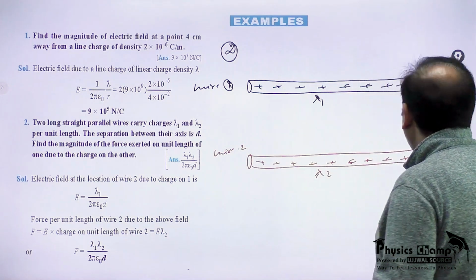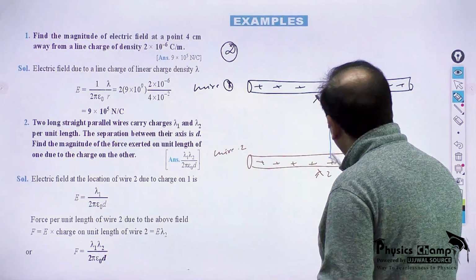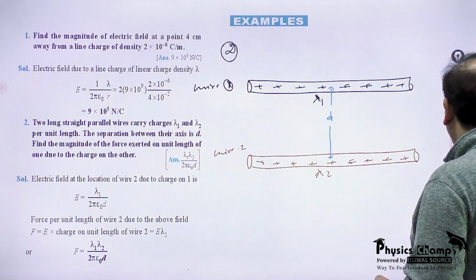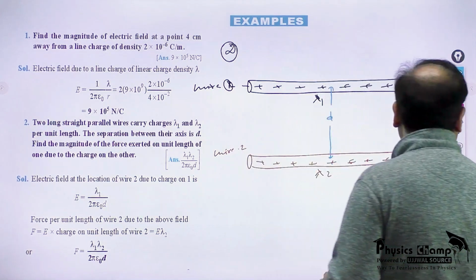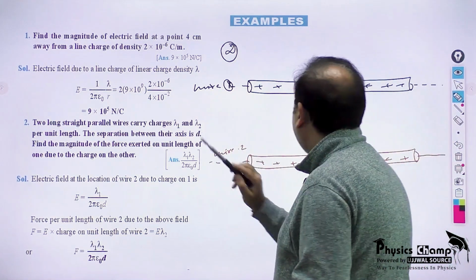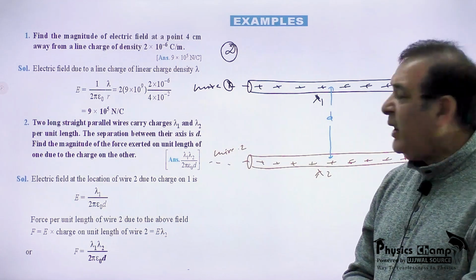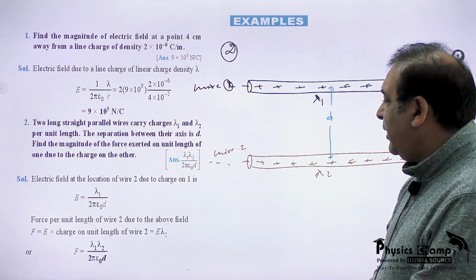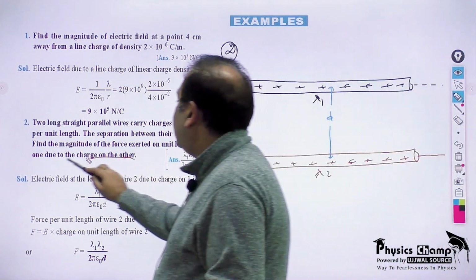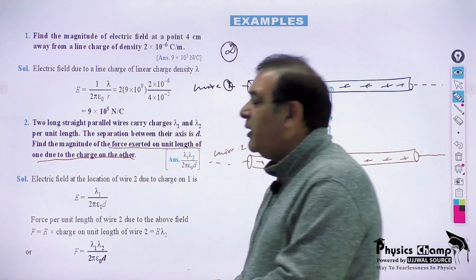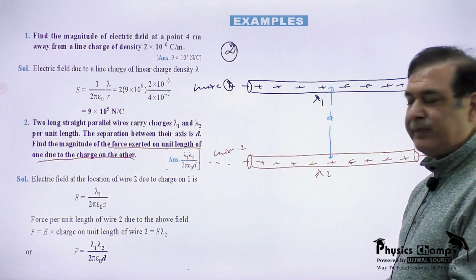The separation between their axes is d. Find the magnitude of force exerted on unit length of 1 due to the charge on other.